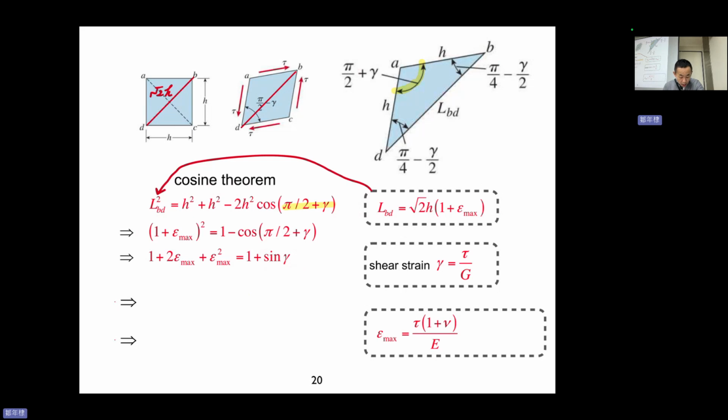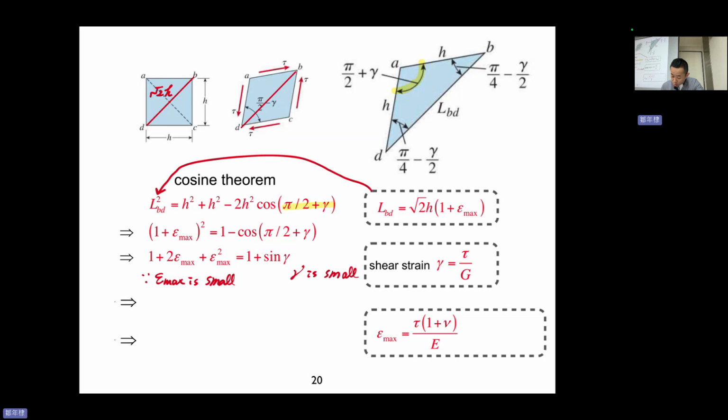All right, so if you can understand this, then we can use the assumption in mechanics of materials that epsilon max is small, and gamma is small too.